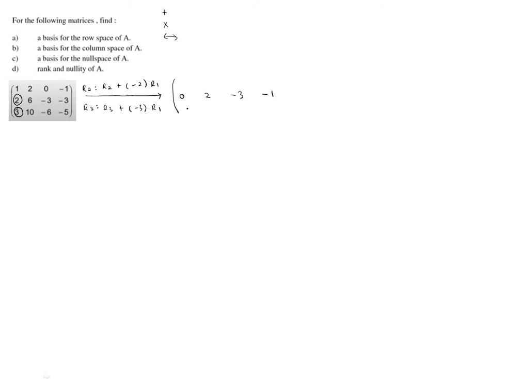And we will get 3 minus 3 is 0. 10 minus 6 is 4. Negative 6 minus 0 is still negative 6. And the last entry, negative 5 minus 3 multiply negative 1. So negative 5 plus 3 is negative 2. Okay, and row 1 still the same. Kita tak tukar lagi. Okay, next.